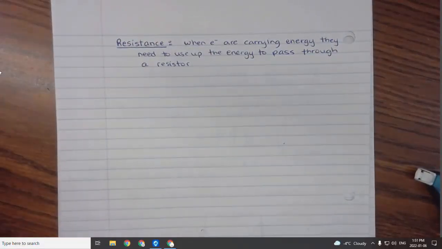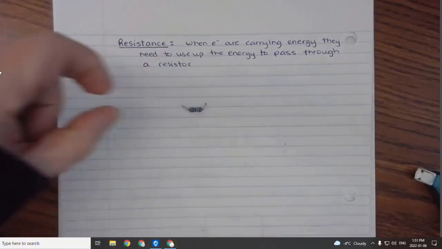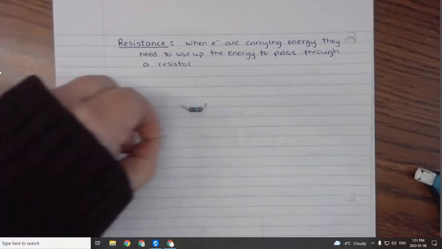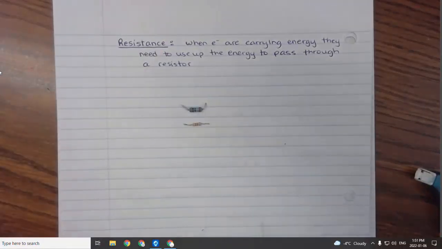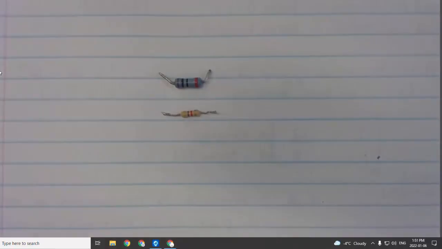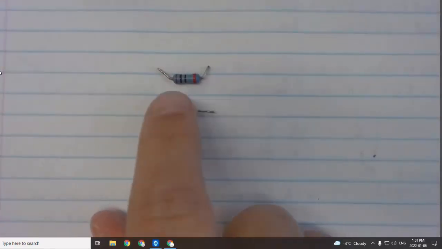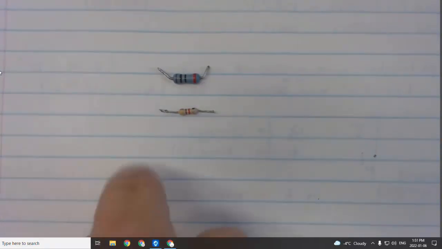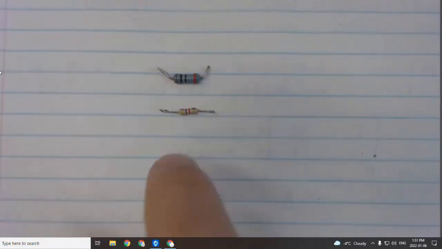And I just have a few resistors here to show you. So here are a couple of resistors that are different sizes and also different colors. There's a way to tell what the colors mean on each resistor, but these are two resistors, and they're made of like a ceramic material.